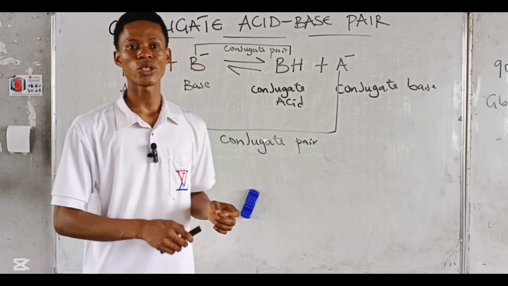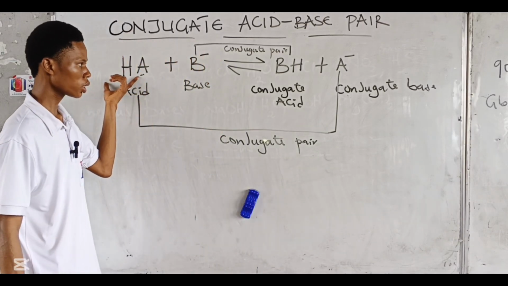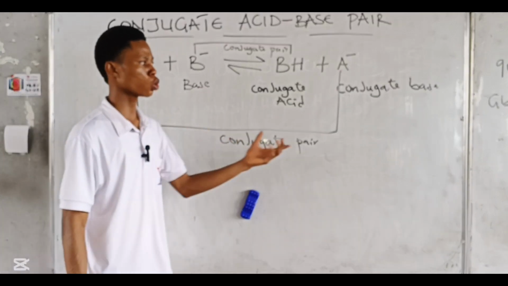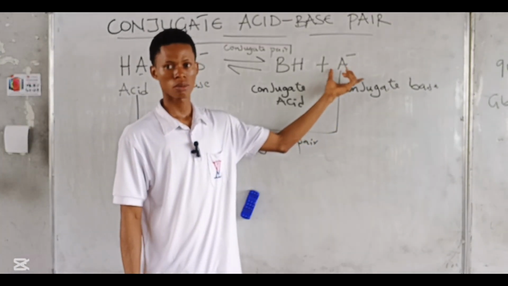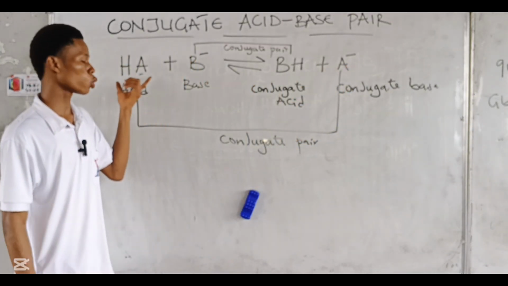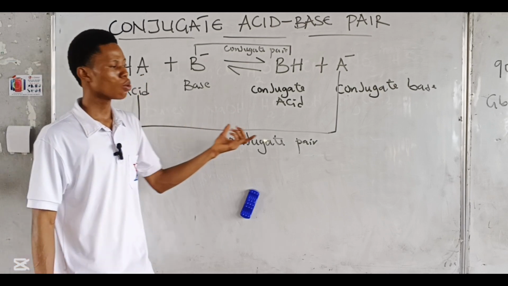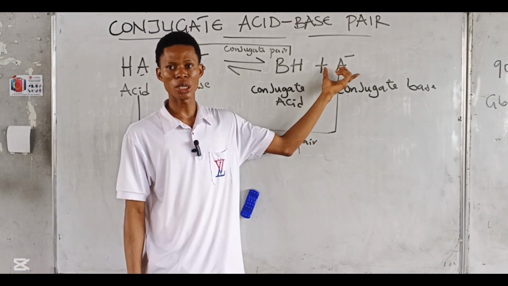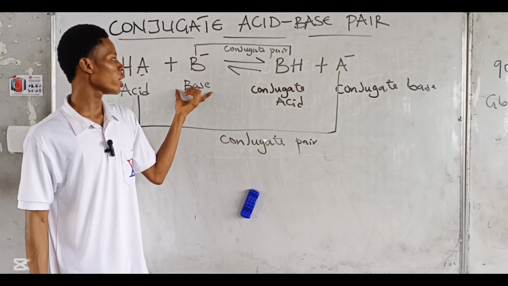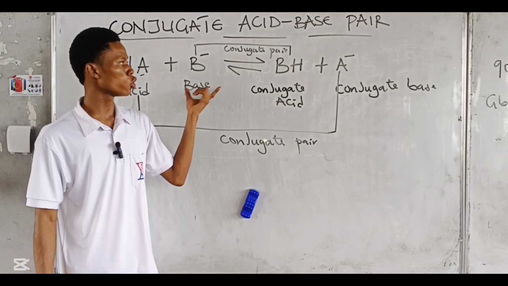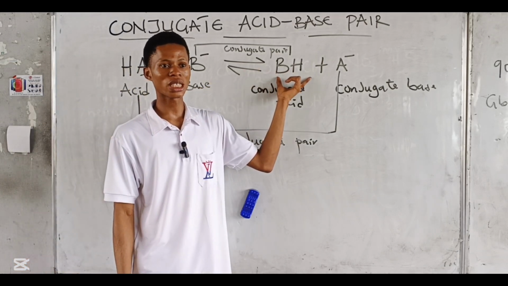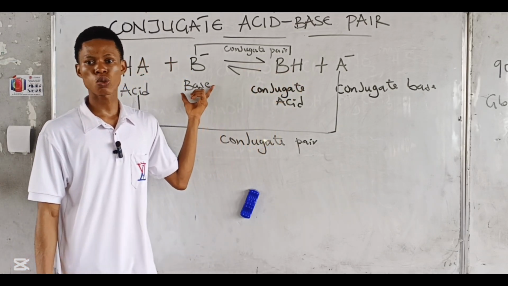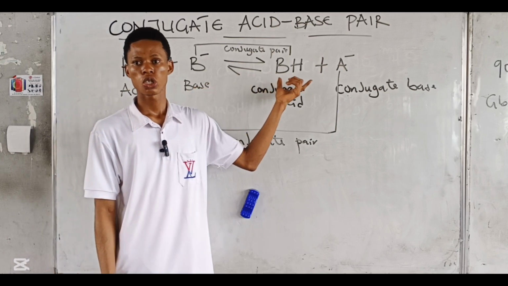If the acid is a weak acid, it will produce a strong conjugate base. If the acid is a strong acid, it will produce a weak conjugate base. If the base is a strong base, it will produce a weak conjugate acid. If the base is a weak base, it will produce a strong conjugate acid.